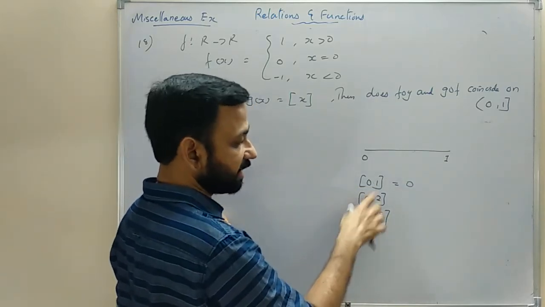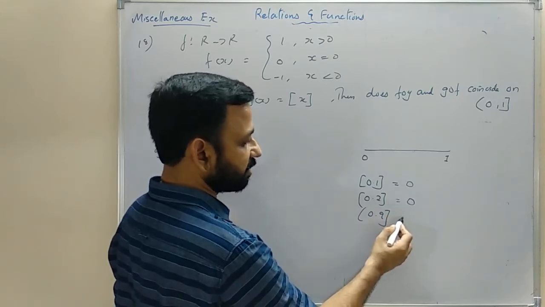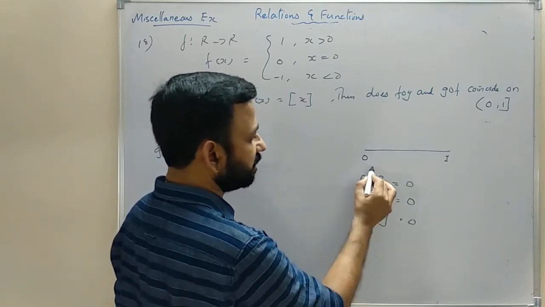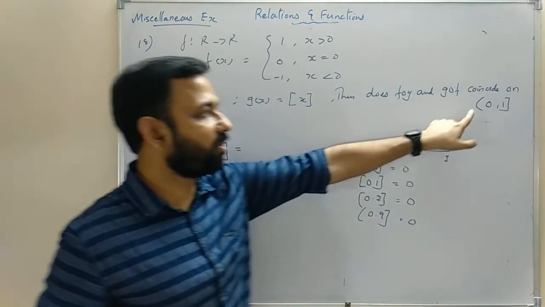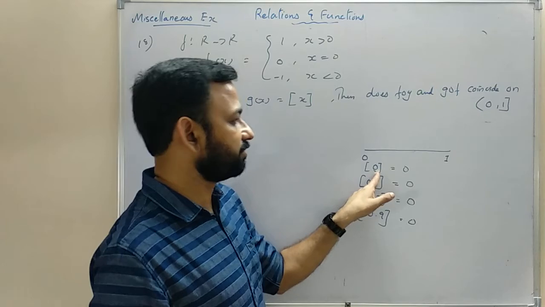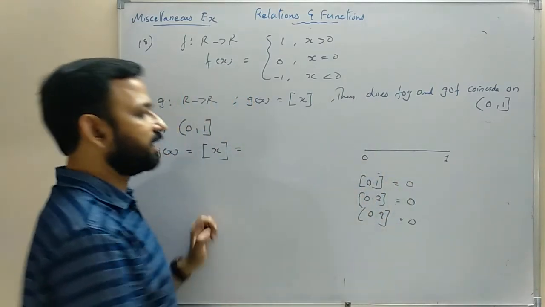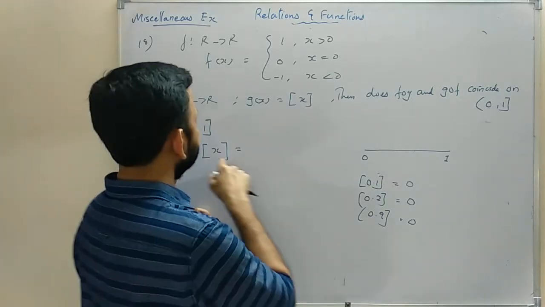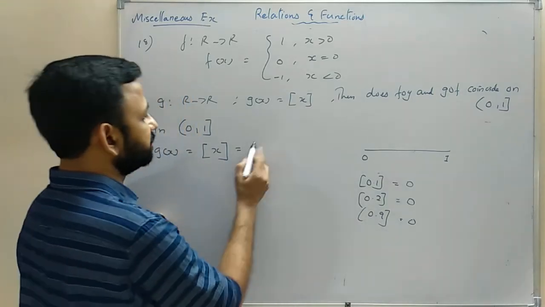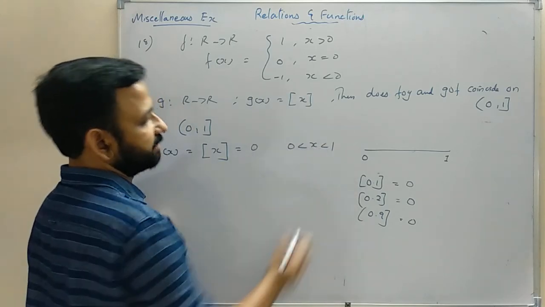Greatest integer less than or equal to 0.2 is 0. Greatest integer less than or equal to 0.9 is also 0. But it is an open interval at 0, so equal to is not coming here. So when we take any real number between 0 and 1 but less than 1, the greatest integer will be 0. So that is 0 less than x less than 1.